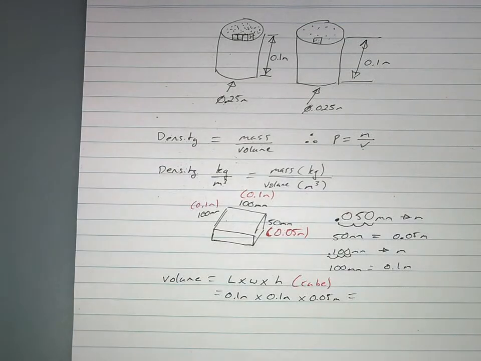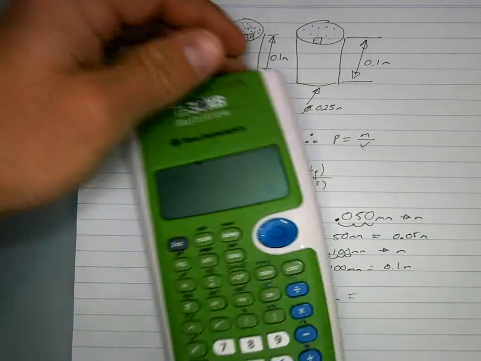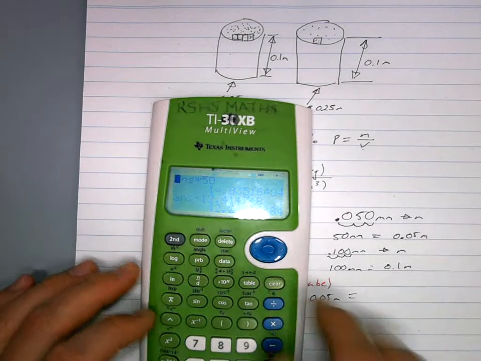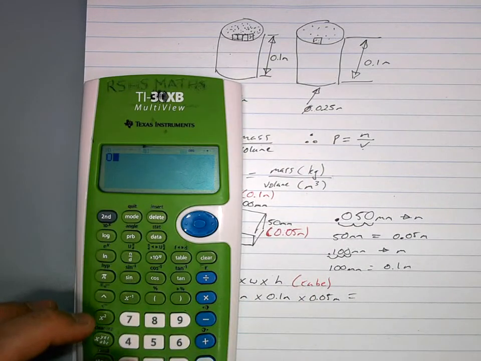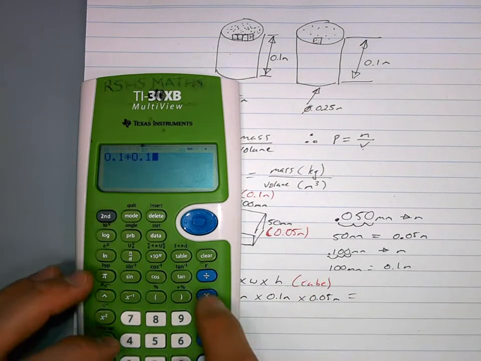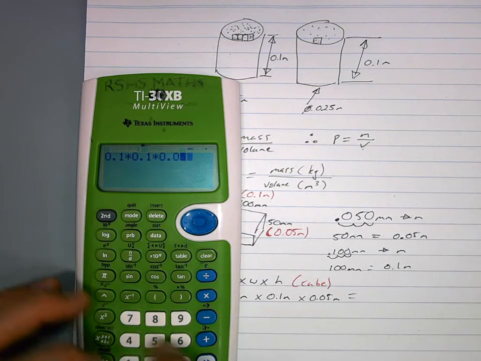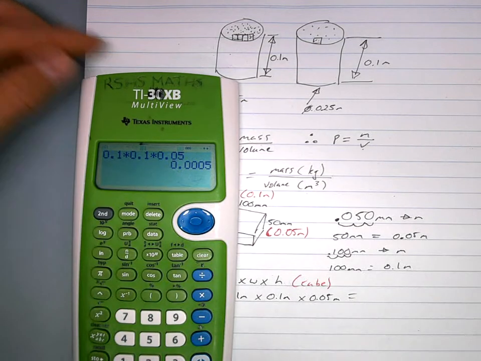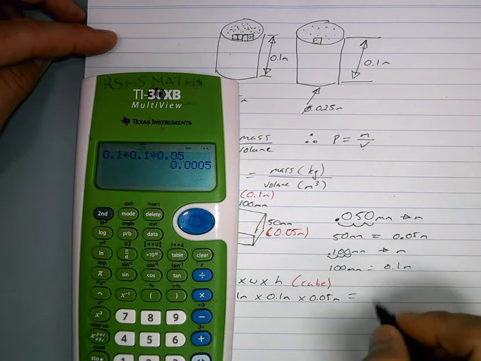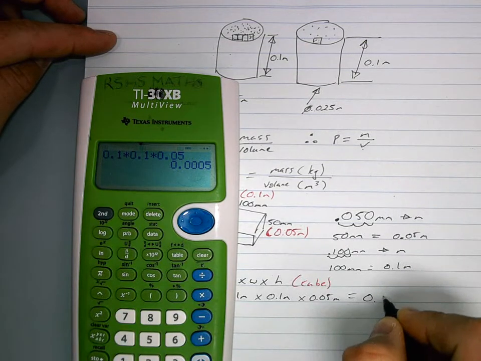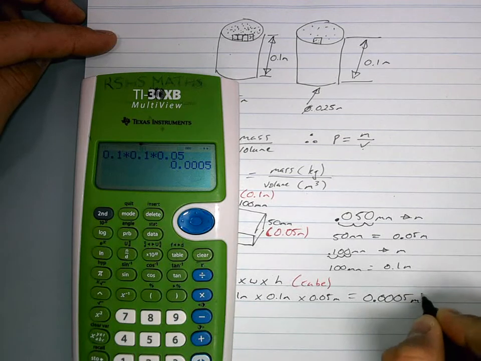Let's calculate that. So we get 0.1 times 0.1 times 0.05. So our volume is 0.0005 meters cubed.